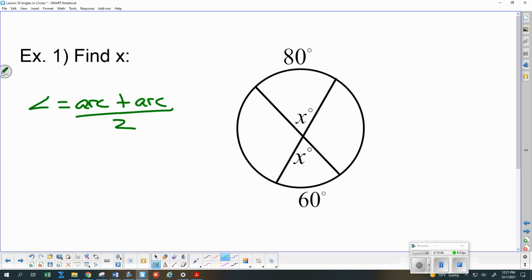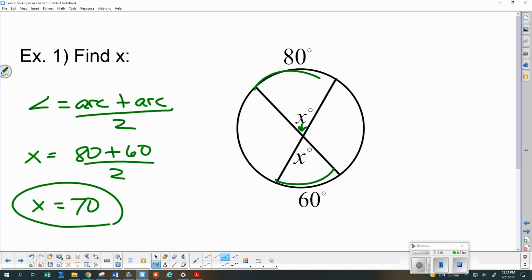On this one, x is the angle, so I put the x here where the angle is. For the x, the two arcs are 80 and 60. And everybody shout out, what does x equal? 70. It already has a degree sign in that picture, so I don't have to write the degree sign down.